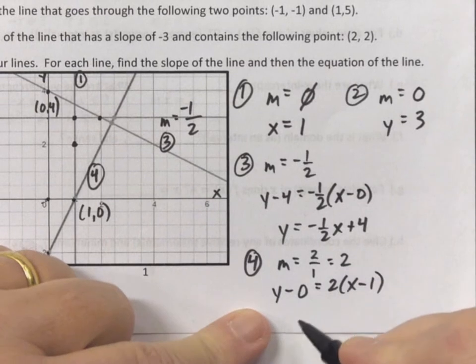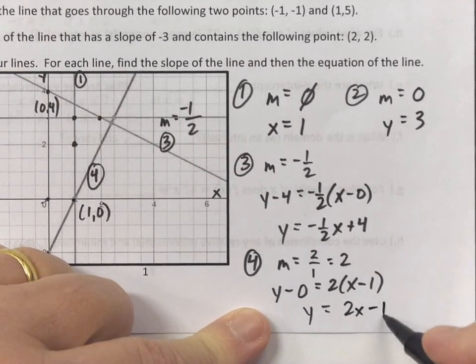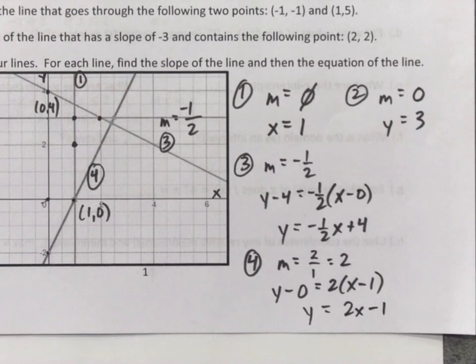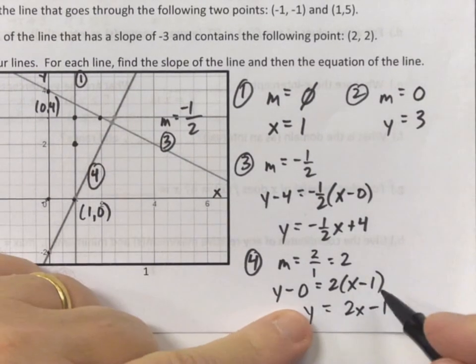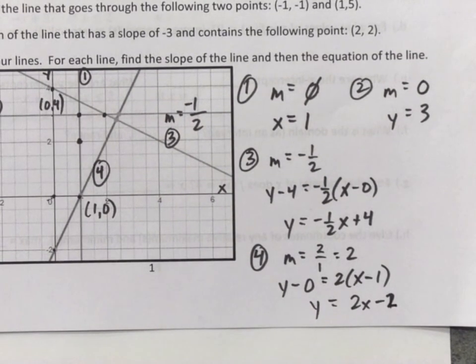So if I multiply out the parentheses, the equation of that line would be 2x minus 1. Oops, 2 times 2. I checked the key. The key was correct. I was wrong.